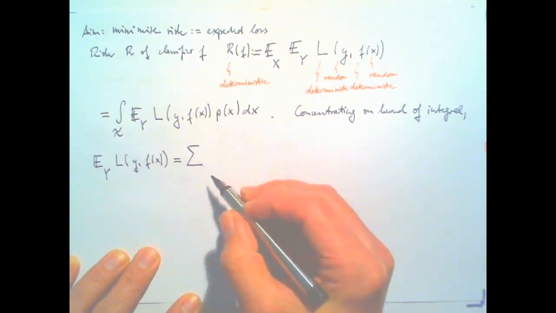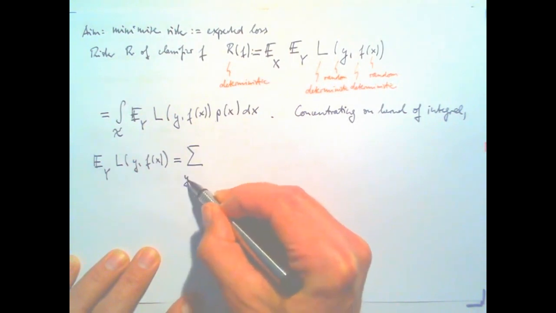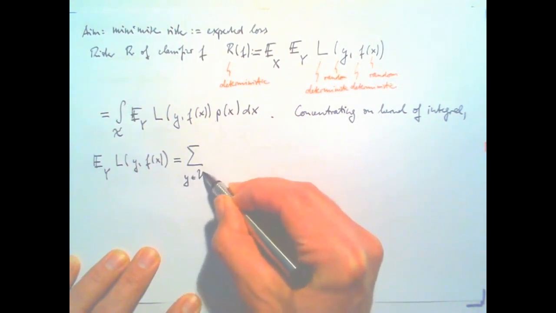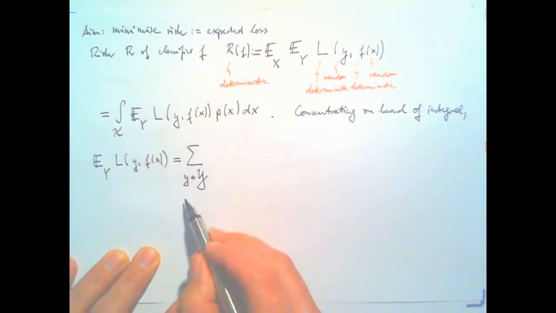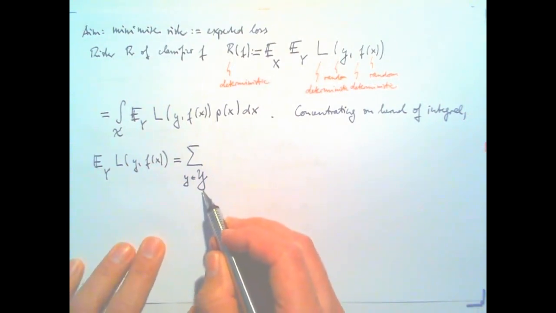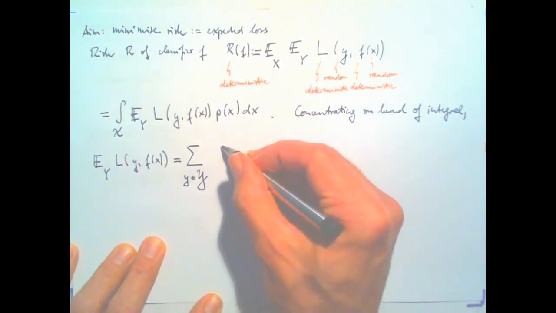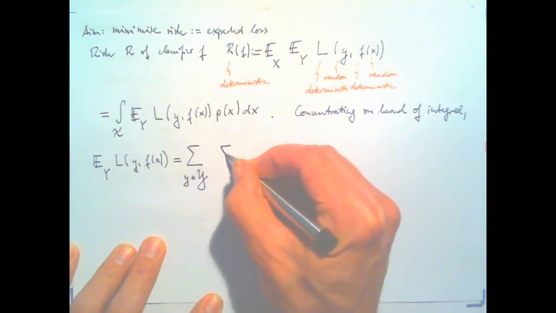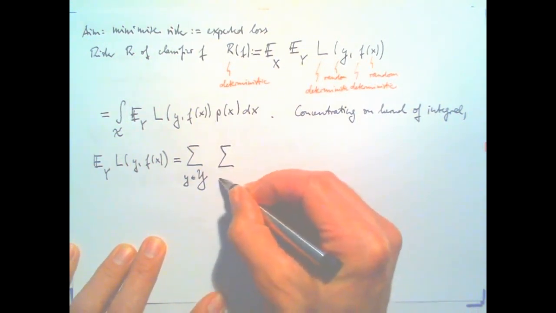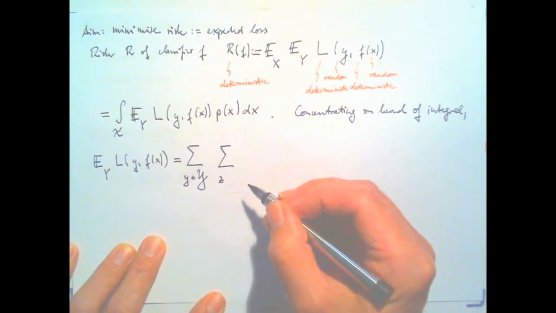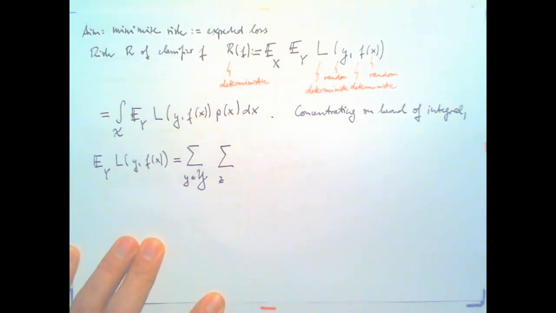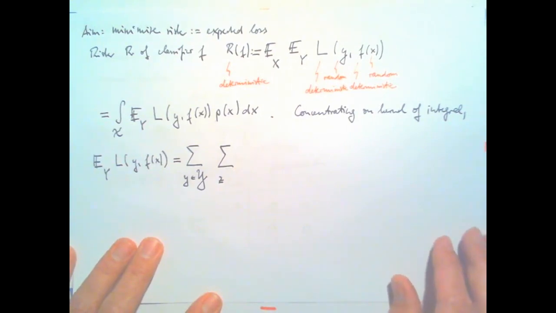And we now get a double summation. On the one hand, over all possible labels from my set of labels. And then I need a second variable that can code for the possible decisions that my classifier gives.